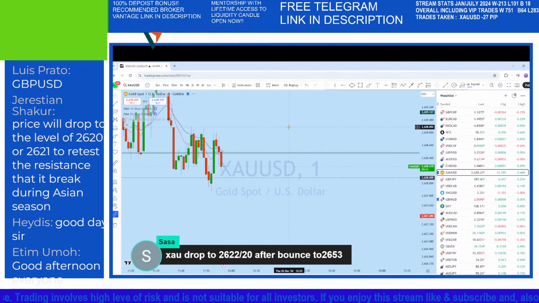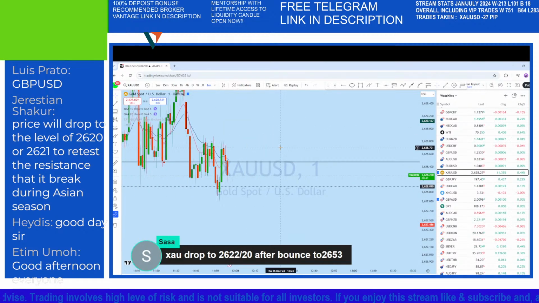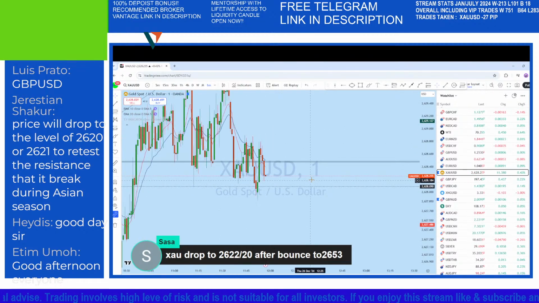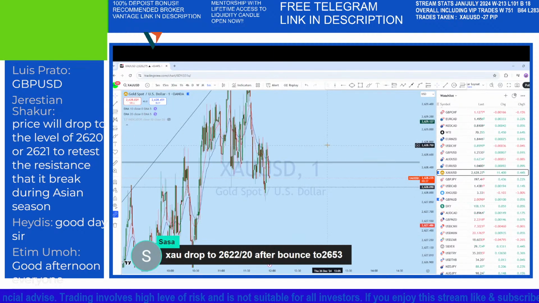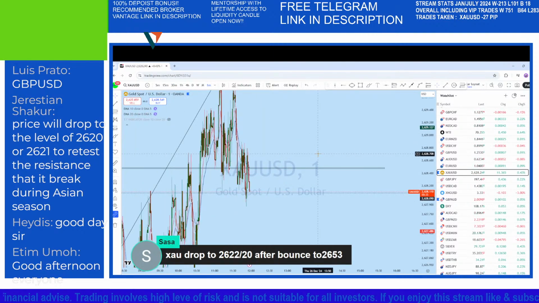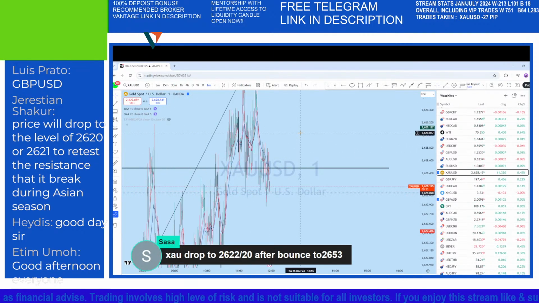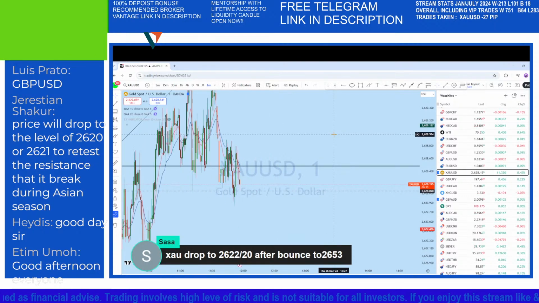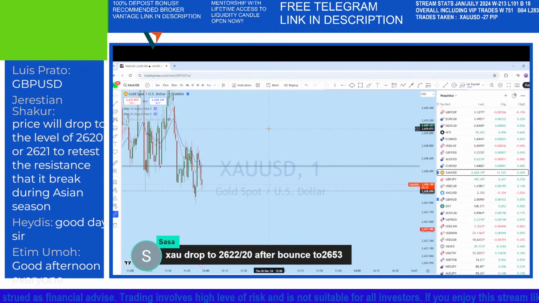So with that in mind, if we look at the 1 minute again, we can see after this bounce, it's trying to break again. So we might see some short-term downtrend again here, or returning back again.